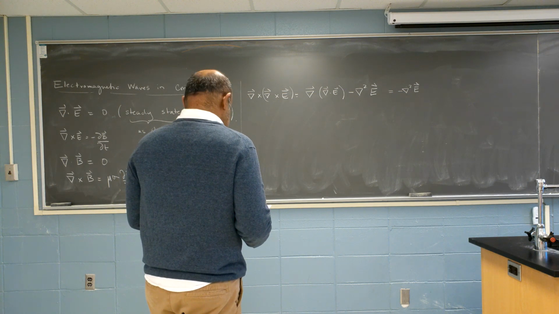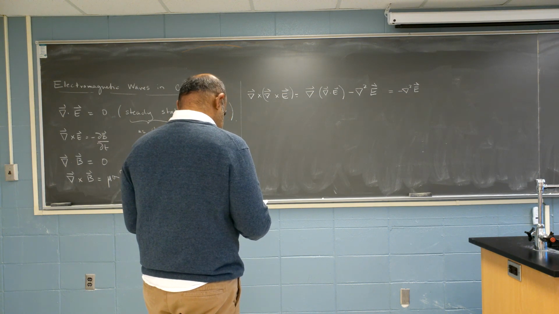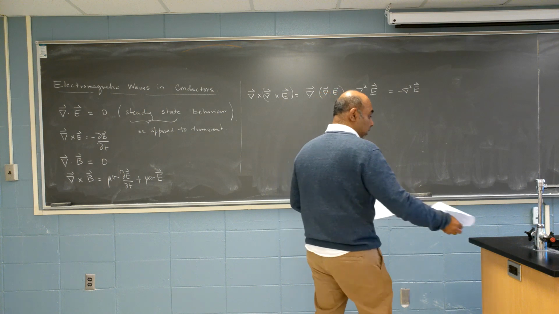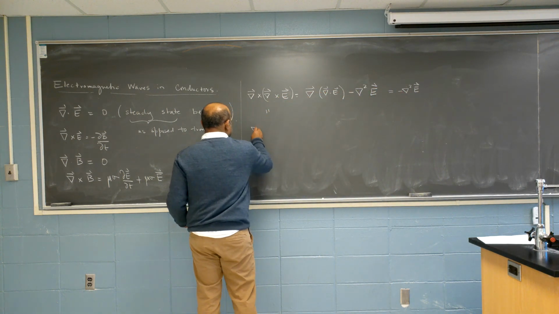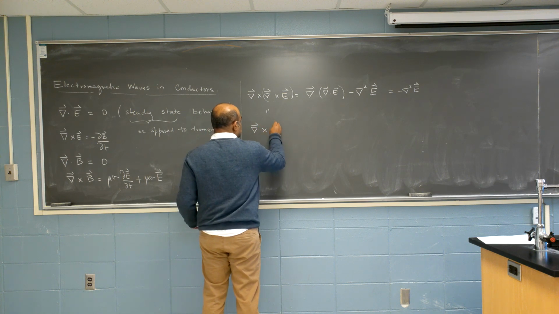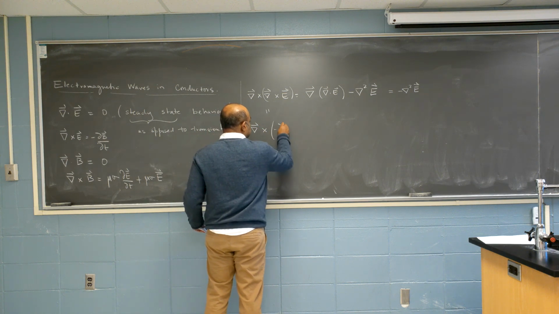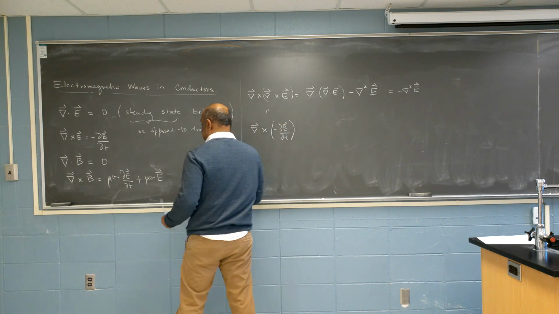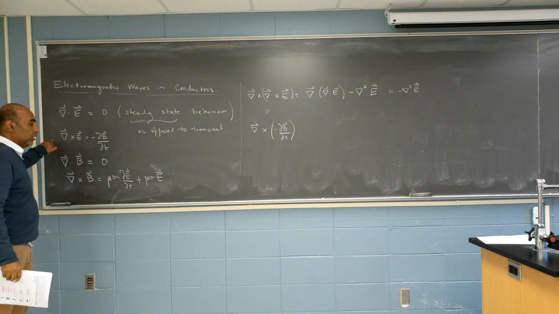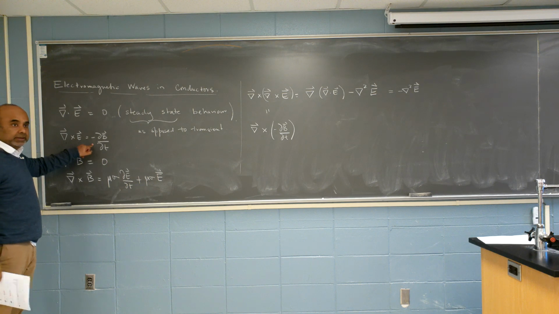Now, on the other hand, this is equal to the curl of negative dB dt. Why? Because if I take curl here, I'm taking the curl there.